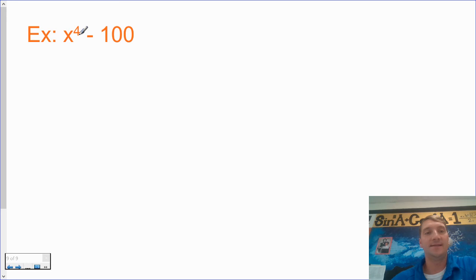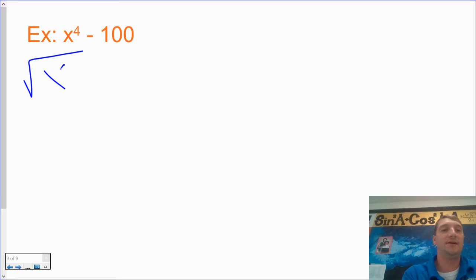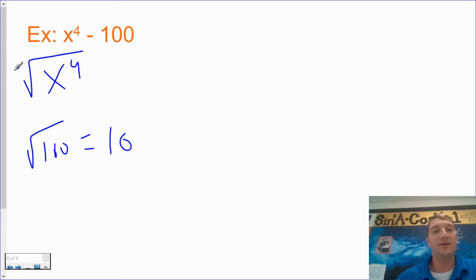And finally, instead of having an x to the second power, we can still do this. So I can have an x to the fourth, and then the square root of that. The square root of 100 we know is just 10. Now here, remember, this is like a second root. If you're taking an exponent underneath there, there's a rule that tells us essentially we can take this exponent and divide it by this root.